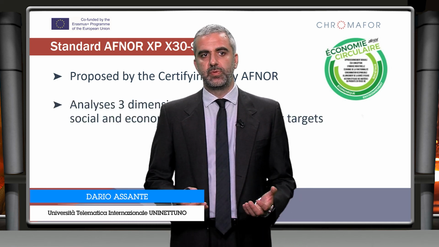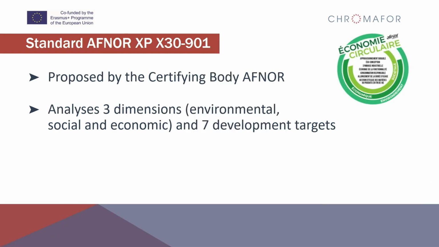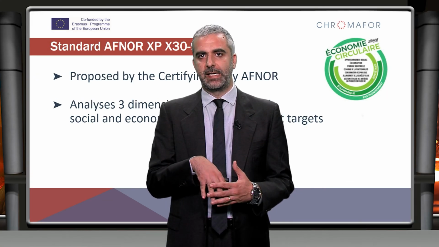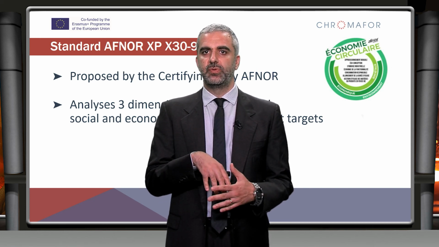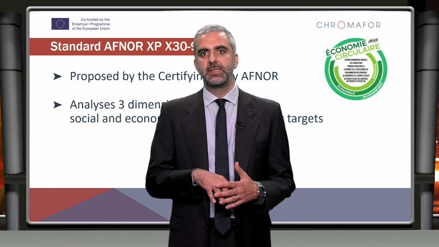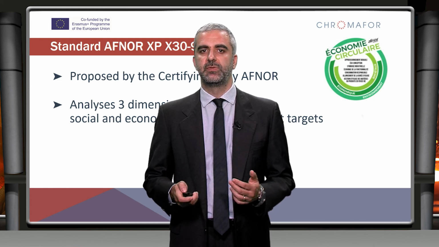The general structure of the standard is based on the analysis of 3 dimensions that are environmental, social and economic, and 7 development targets that a company should have. In this way, the standard creates a matrix between the dimensions and the development target and finds a correlation between them. And thanks to the correlation and the measurement, it allows finding solutions for continuous improvement of the circularity level.